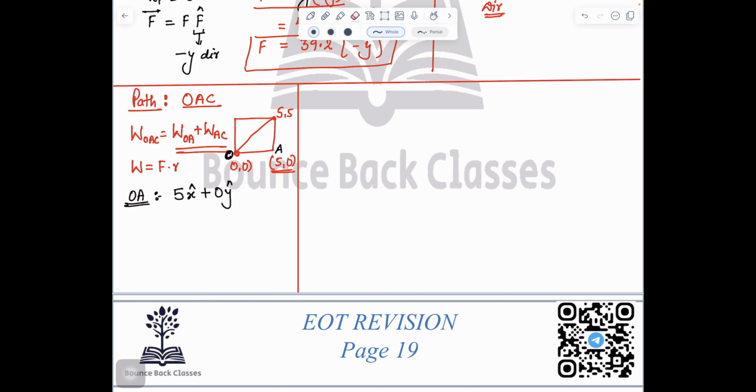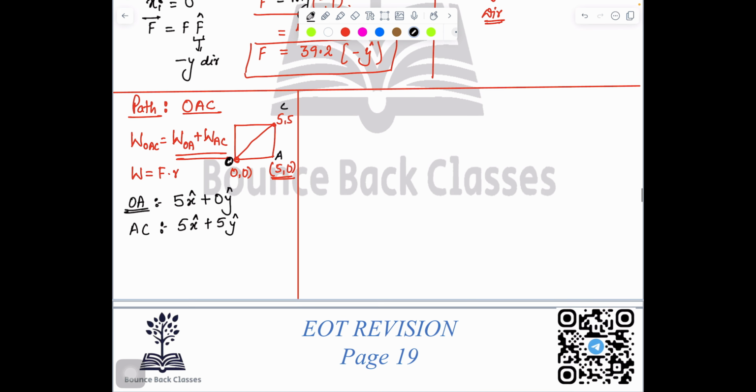Let's say you are solving AC. This is your point C. So AC is equal to 5x cap plus 5y cap. Similarly, you can solve like this.